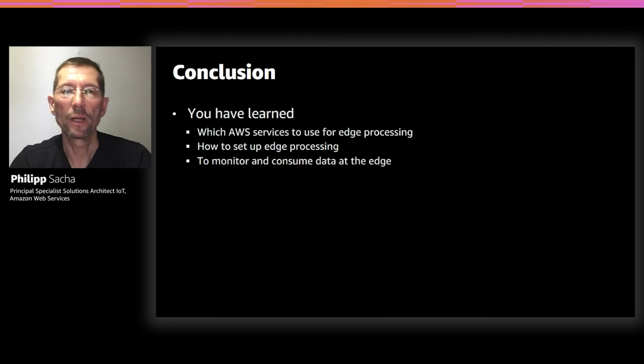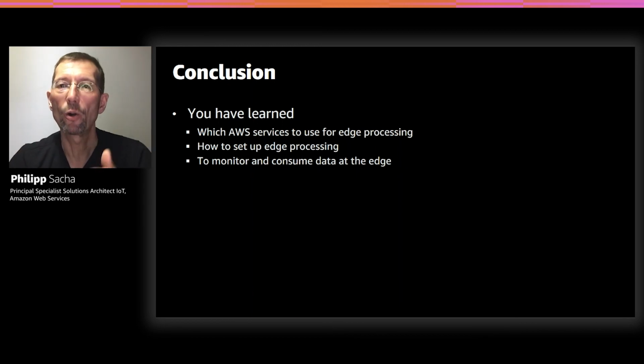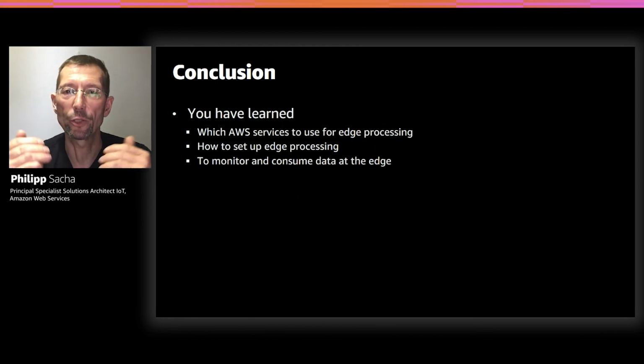Okay, now in the demo, you have seen how you can set up AWS IoT SiteWise for the edge, how you can compute data locally, also how you can access data locally with the same APIs that you use in the cloud.